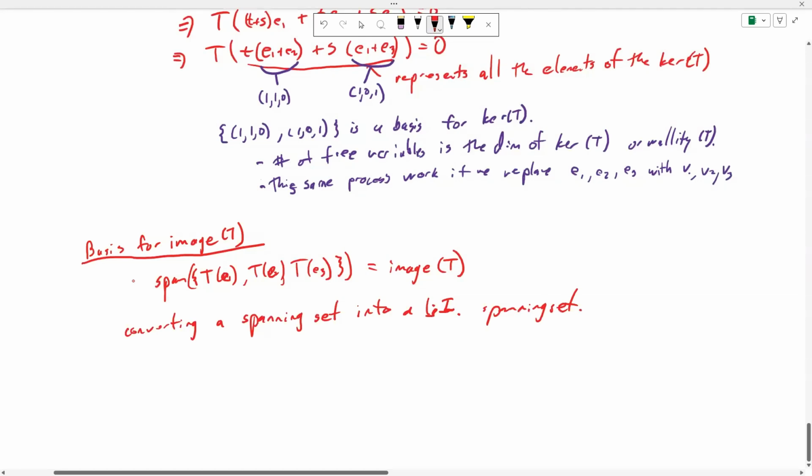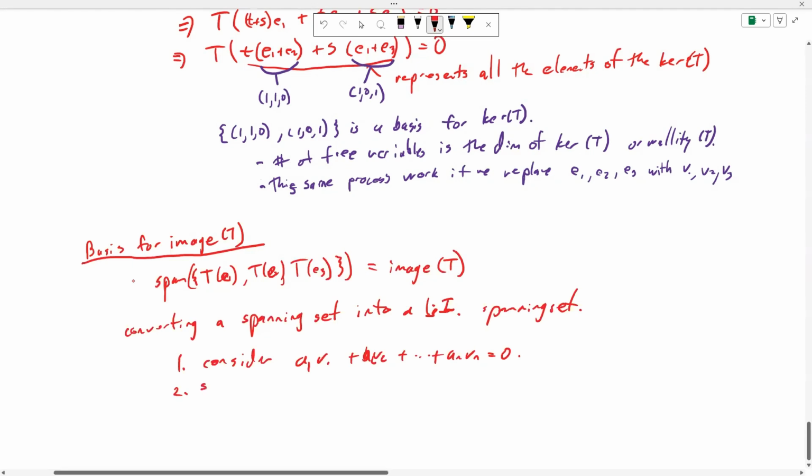The process that we did is, one, consider A1 v1 plus A2 v2 all the way up to An vn equaling 0.